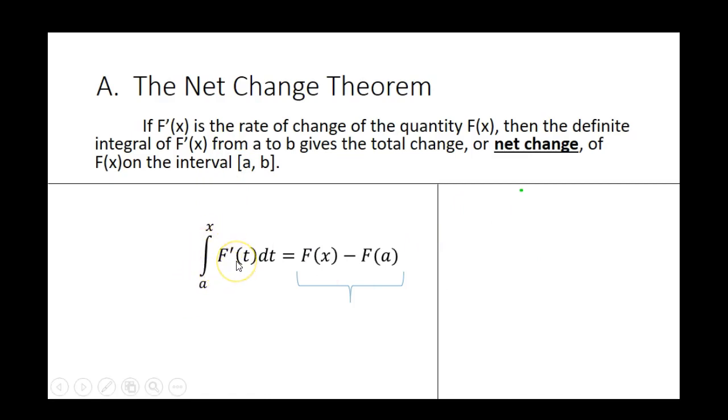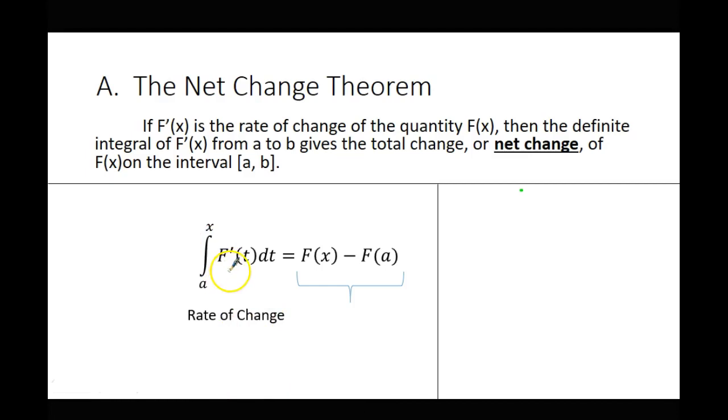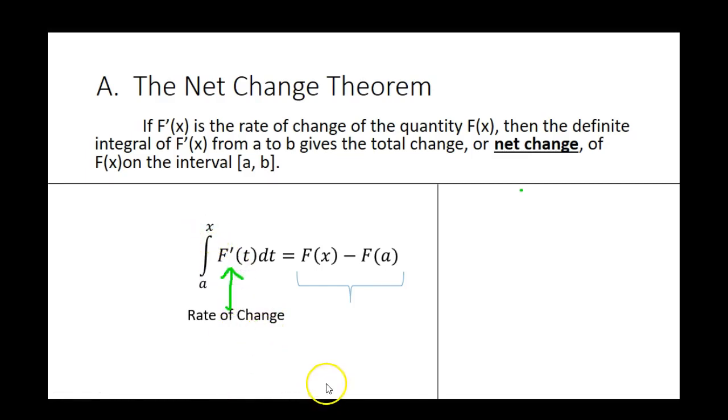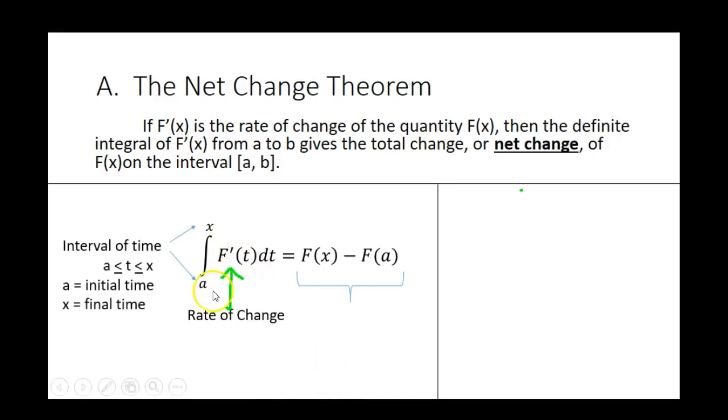Now, isn't a derivative just an instantaneous rate of change? Right. So we're integrating an instantaneous rate of change on some time interval. This piece here represents the rate, the f prime, and the x and the a represent the starting time and the ending time. And what that gave us was how much distance the car traveled.